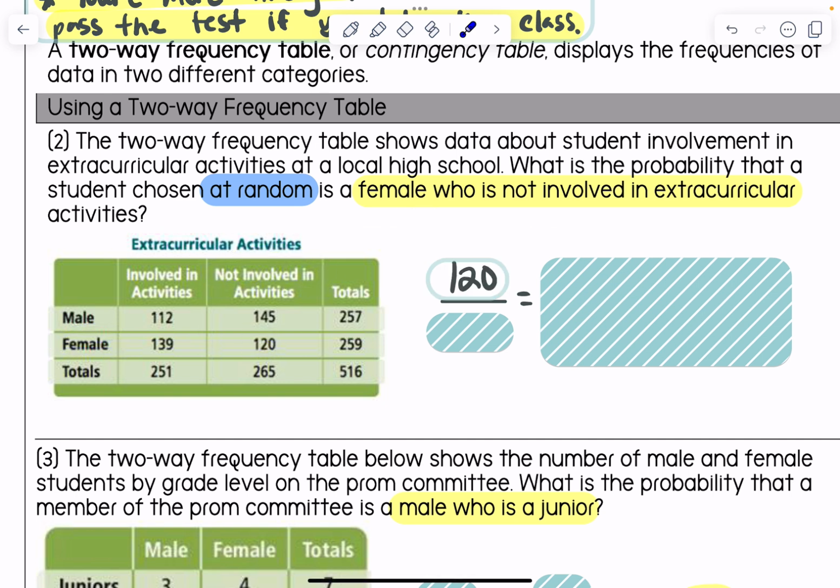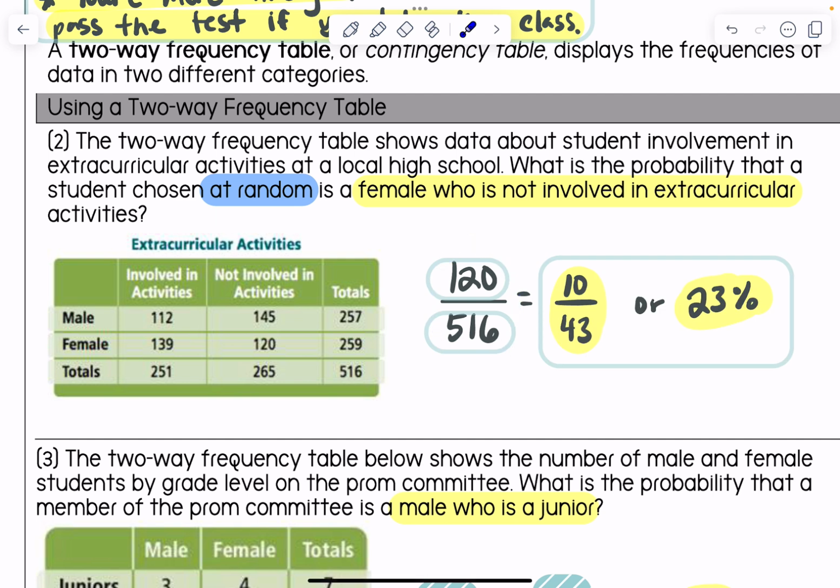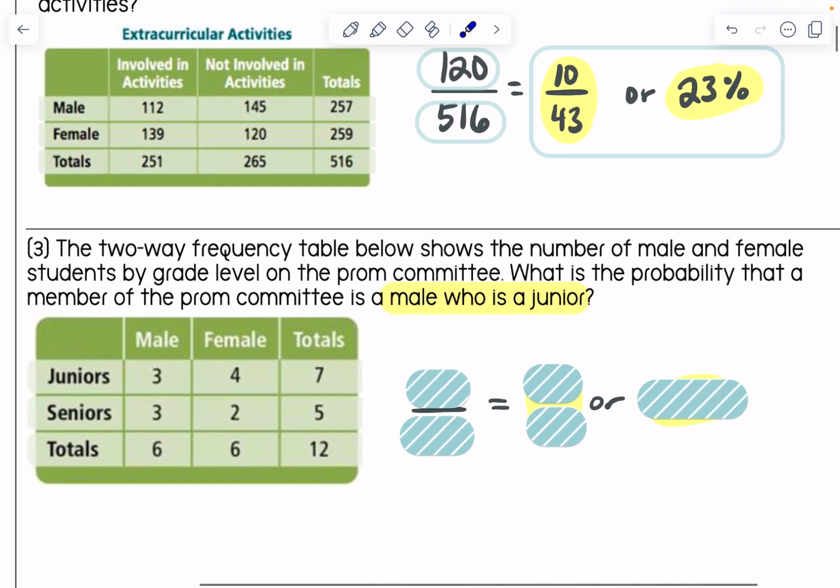And then since it says the student is chosen at random, that's out of this number right here, which is the total number of students between male and female and involved and not involved in activities. If I do top number divided by bottom number, that simplifies to 10/43, and then multiplied by 100 is 23%. I would take either one on the homework or quiz or test.